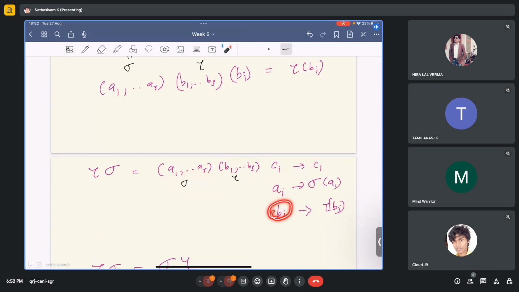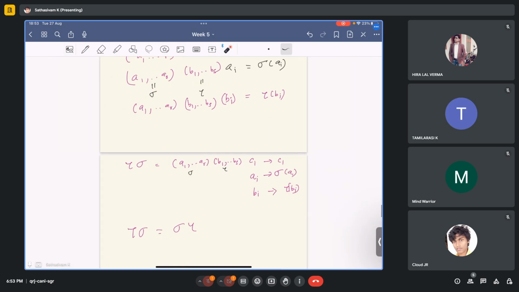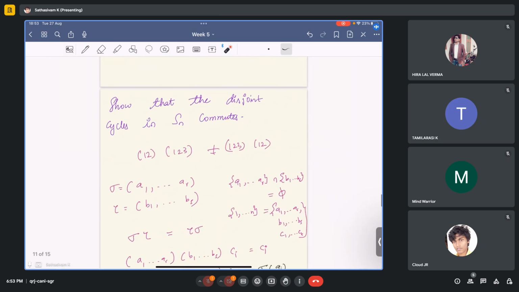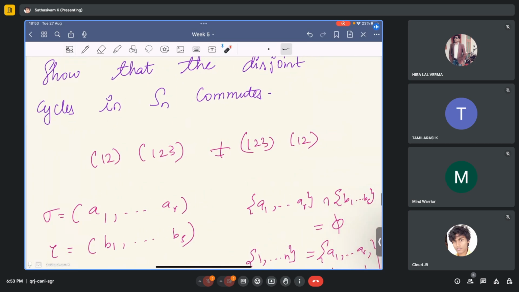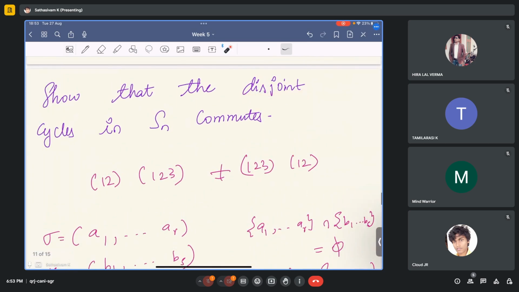And for BA it is the same thing, only the tau will act. Whether the sigma is in the front or here does not matter. So what we have proved right now is, if you write it as disjoint cycles, then these things commute. In general it does not commute. So here is the example we have computed. That is the idea, that is the reason.